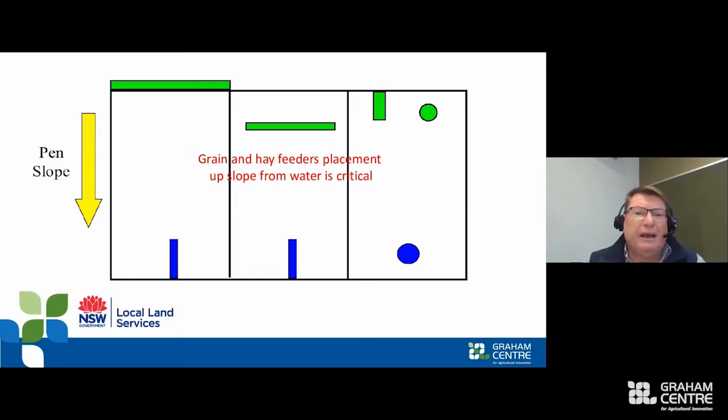The water troughs, water containers, are based at the southern side of the slope of the pen, and that's just to ensure that you don't have water running back into the feeding area, which then exacerbates the problem of a boggy feed area around the hay or specifically the self feeders, or the feeding area.